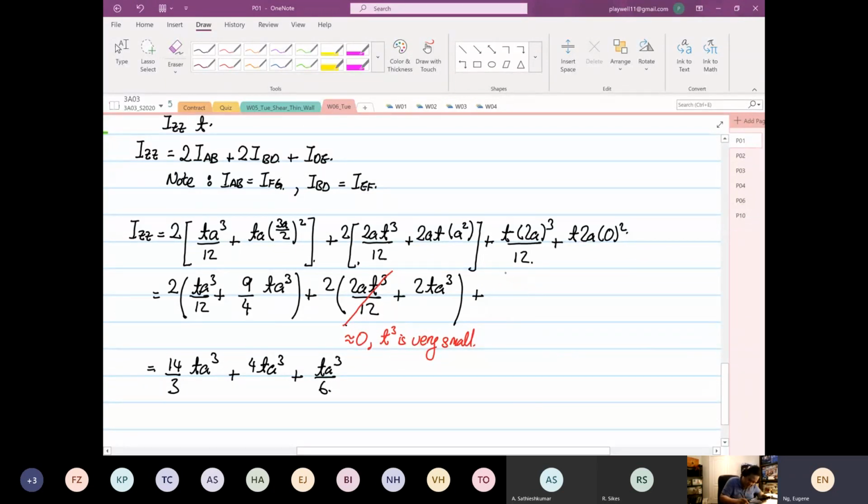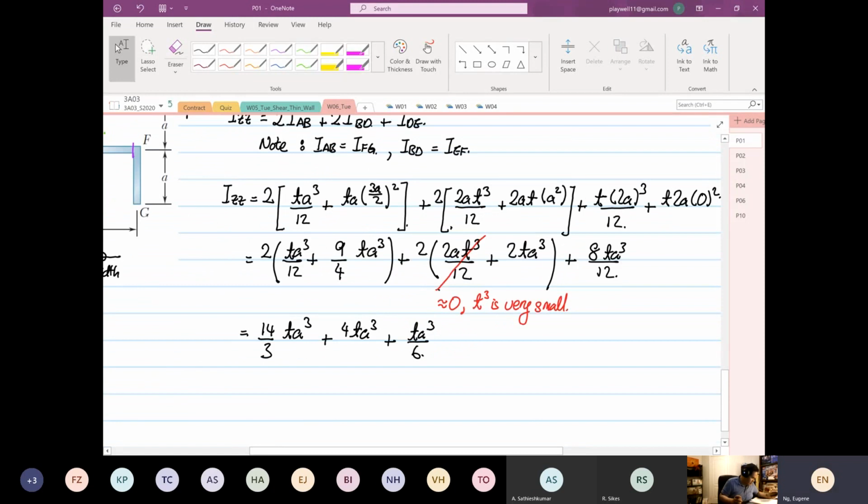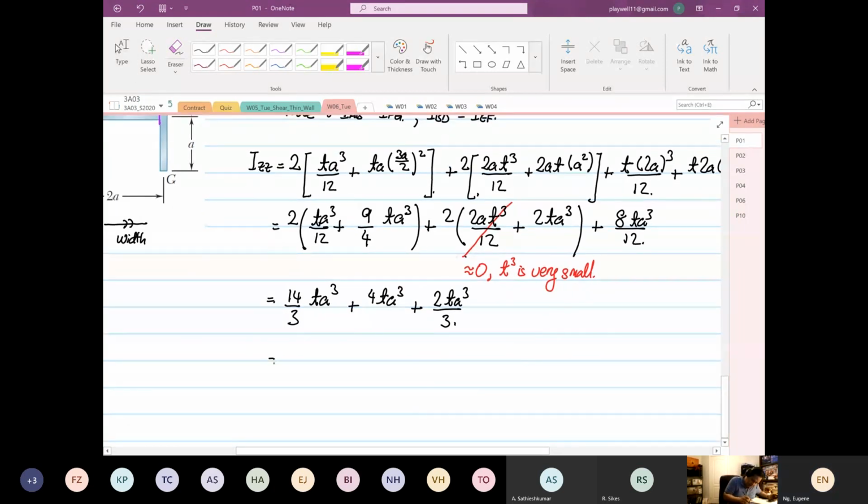So it's 8 TA cubed over 12, so this is 2 TA cubed over 3. Sincerely apologize. So it's good, 28 over 3 TA cubed. Okay.